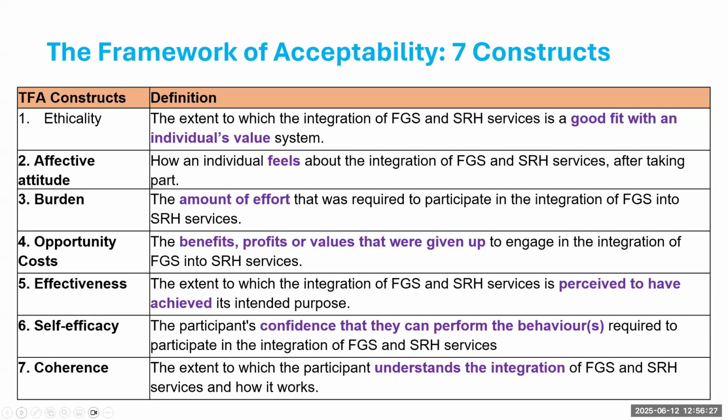All right, so acceptability of health services is a construct because it's not directly observable, but we can measure it through indicators or the responses. So to assess acceptability of integrating FGS and routine services, which has 7 constructs, from ethicality, affective attitude, the burden, opportunity cost, effectiveness, self-efficacy, and coherence.